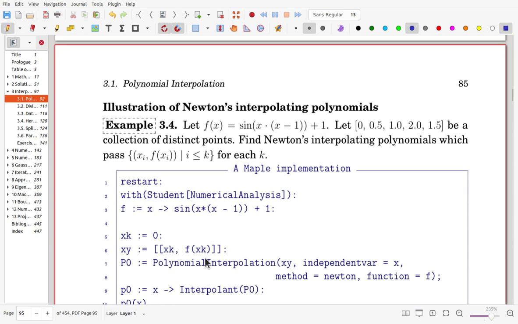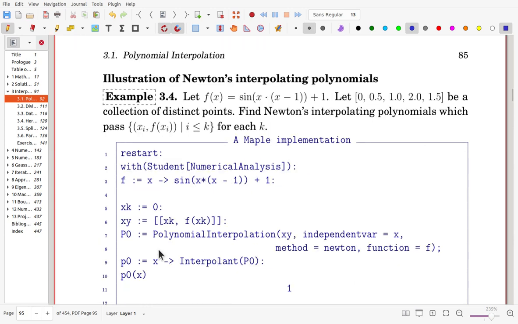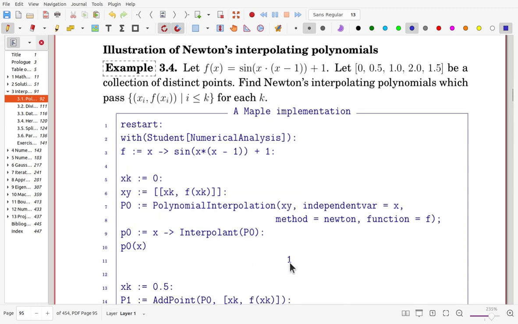This is the first data point. For that one, we try to make polynomial interpolation, using Newton's method. And once you see the constructed polynomial, it is constant, because now we are using only the single point.